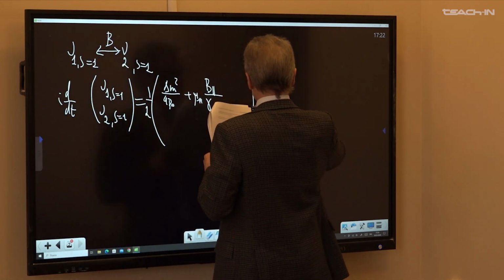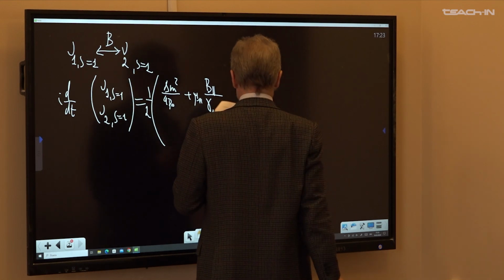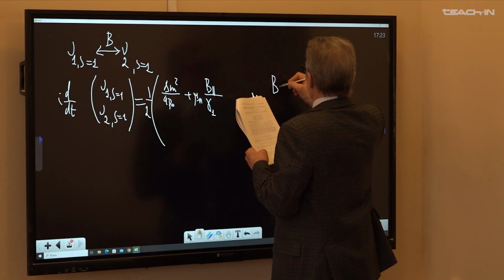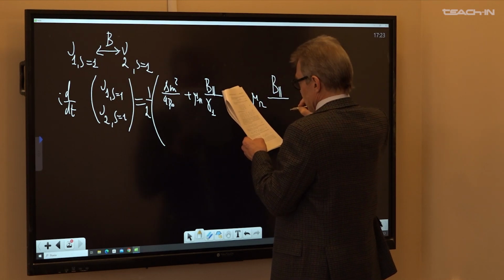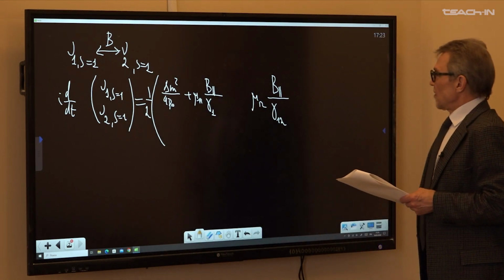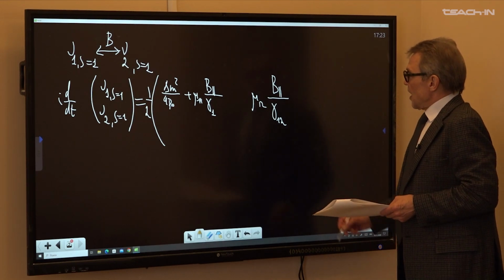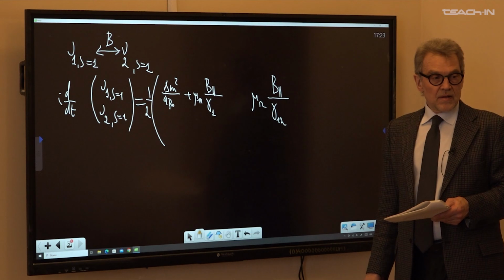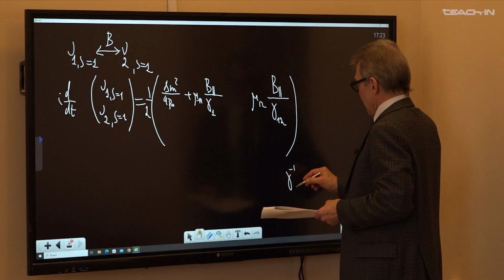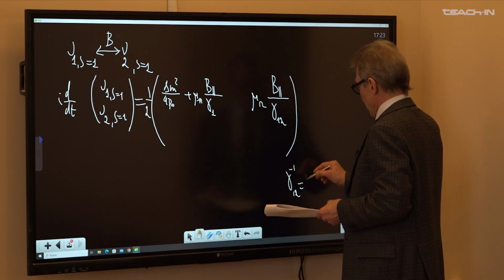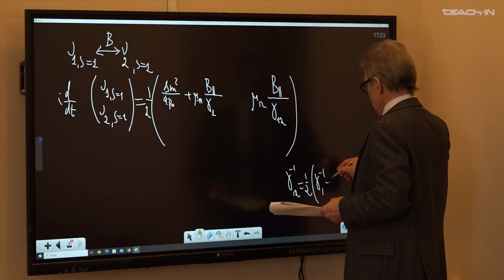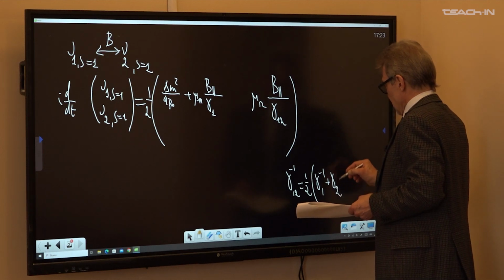Then the transition magnetic moment, neutrino 1, 2, multiplied by longitudinal component of the field, and here is gamma 1, 2 equals to 1/2 gamma 1 minus 1 plus gamma 2 minus 1.